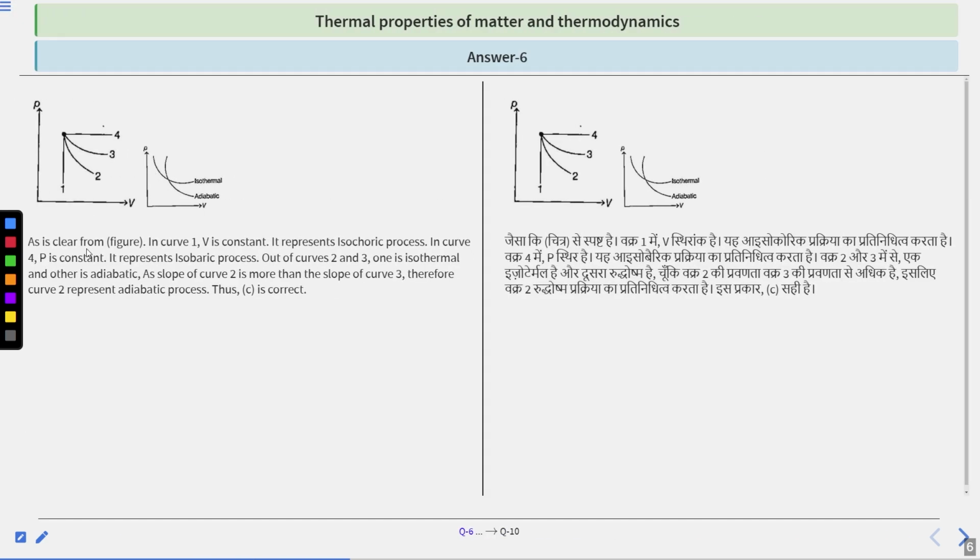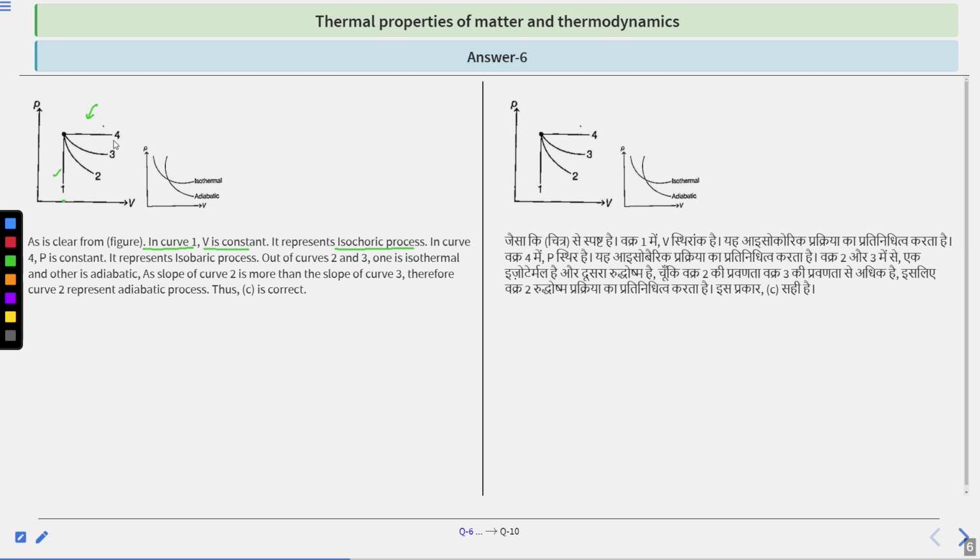As per this figure, in curve first, V is constant, so it represents an isochoric process. Clear? Because here the volume is fixed and never changes.